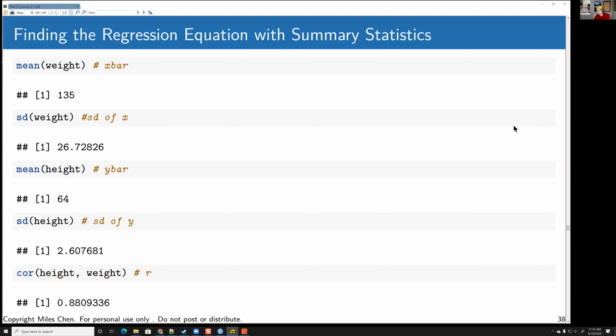Question: is it common to find the regression equation by hand? Maybe not super common, but I think it's reasonable to include it in the homework and possibly a quiz or exam question as well.